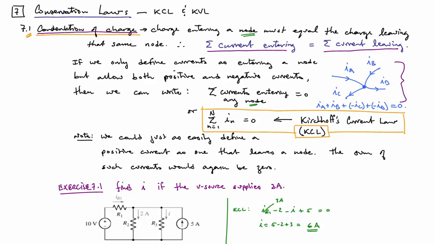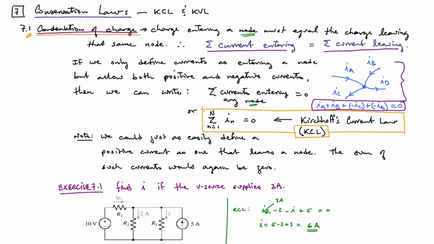I'm going to choose to sum the currents that are entering the node. I_A enters, I_B enters, and because I_C is pointing away, we have minus I_C entering and minus I_D entering. Those all added together should add up to zero according to Kirchhoff's current law.